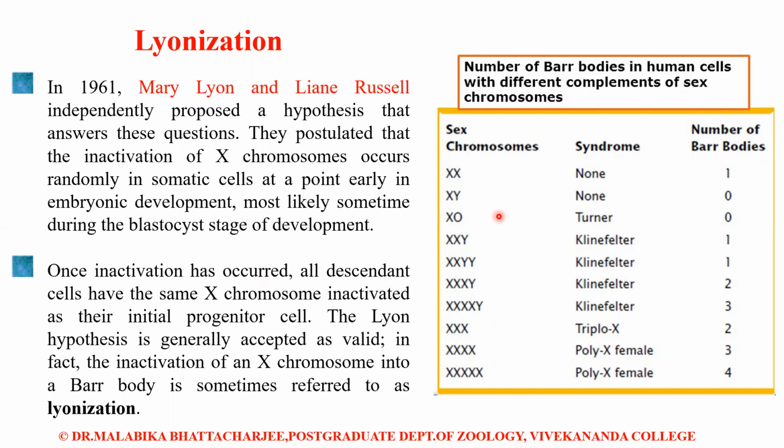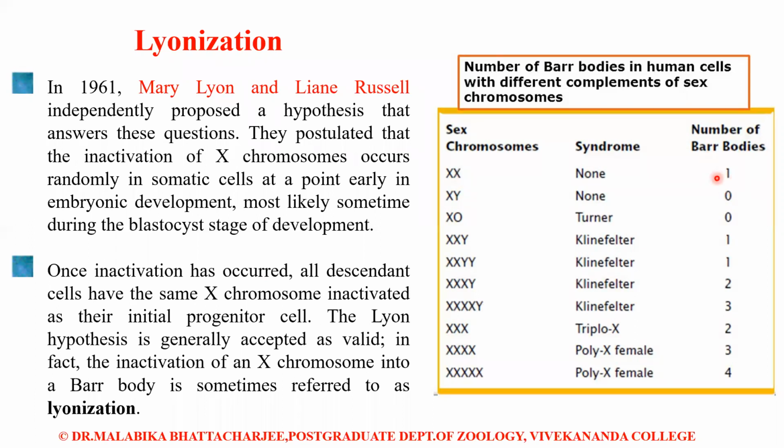Now, this is another count of how many Barr bodies will be present. As we started, the X inactivation center actually decides. When I started today's talk, I said that 2 or more X inactivation centers must be present for X inactivation to occur. So if there are 2 X inactivation centers, you can assume that 1 X will be inactivated.